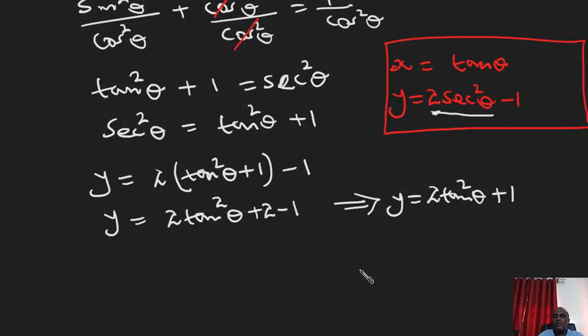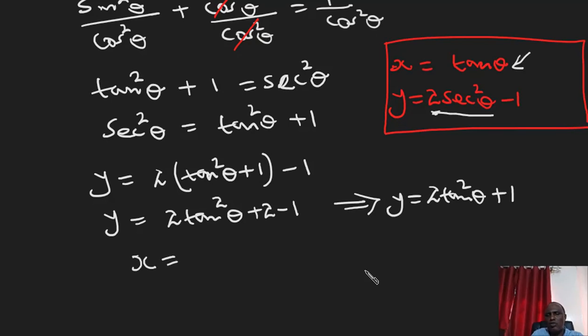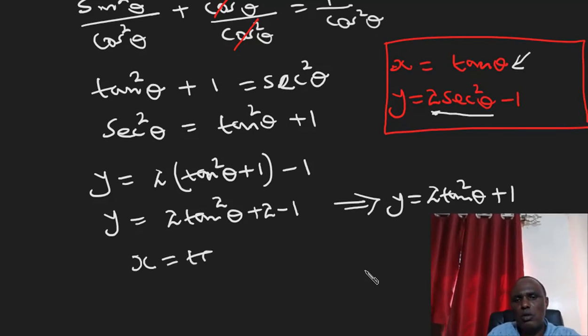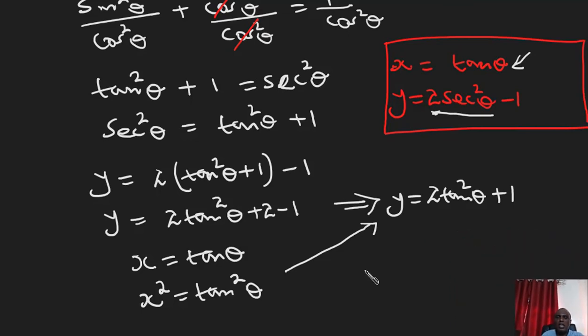Now that far we have reached, we need to remember that x in the other equation, this one, is equal to tan theta, meaning that if we square both sides, we find that x squared is equal to tan squared theta. So we go to this other equation, this one, we replace tan squared theta with x squared.